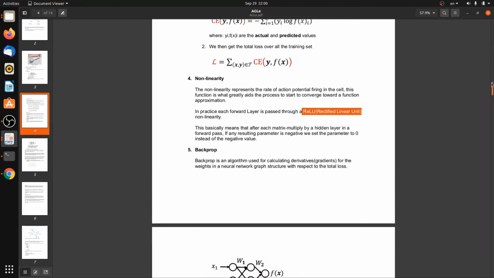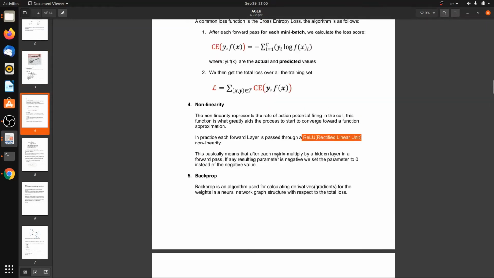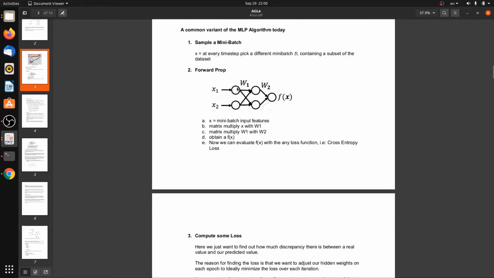So what the nonlinearity is going to do, specifically this ReLU, is that after each matrix multiply, so let's say that we multiply the X matrix by the W matrix, right after here, we would apply a ReLU, which basically says, okay, whatever negative values you obtain, set them to 0. So that's basically ReLU, setting negative parameters to 0.